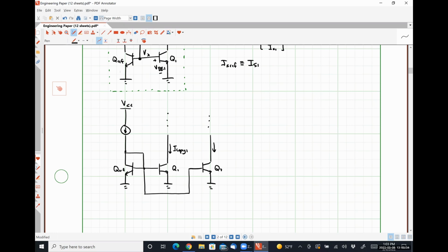Also, sorry, I should have labeled this guy here. We're going to call it I copy 2, but it's effectively IREF again. We can keep connecting multiple transistors as long as we connect their base node to the base of our current controlled voltage source QREF, and we can effectively make an infinite number of copies of our reference current. There is a caveat.